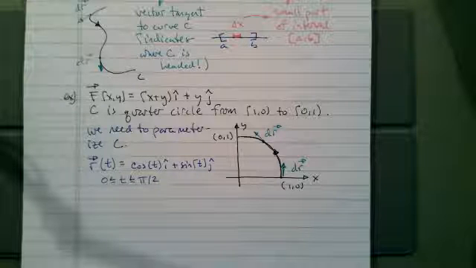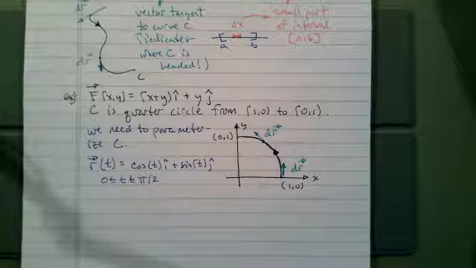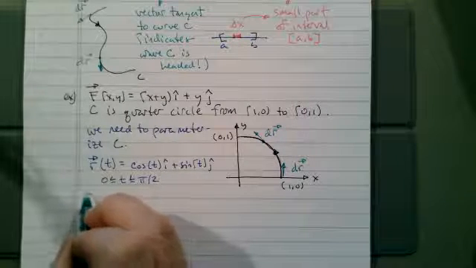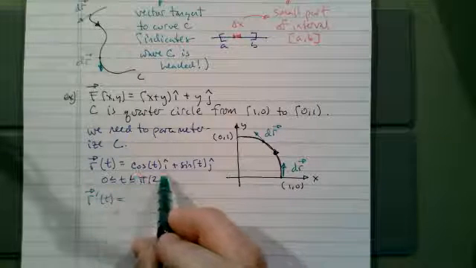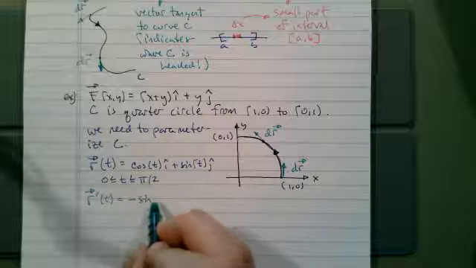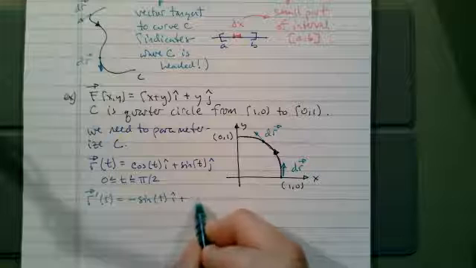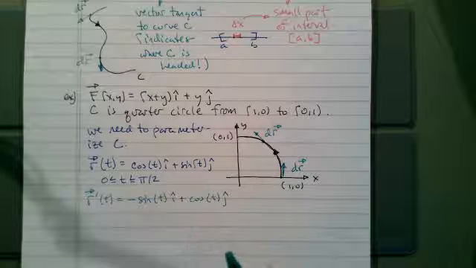Anyway, so I need these little drs, and those we're going to get by taking derivatives. So I just need r prime. The derivative of cosine of t is minus sine of t, plus the derivative of sine is cosine, and this is all dt.